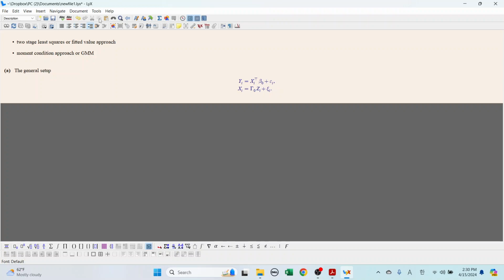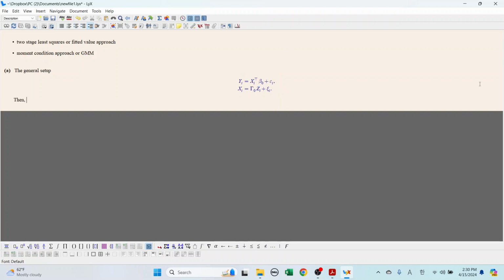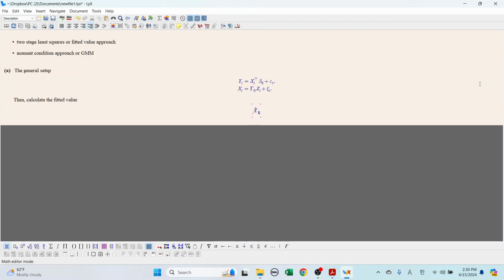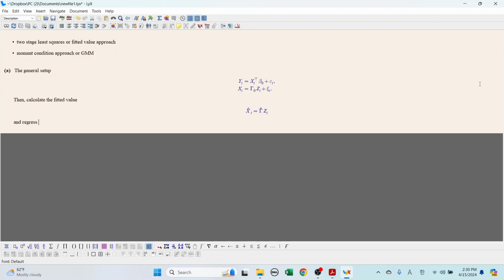Remember, in the first stage, the vector of endogenous variables is regressed on the instruments, and then we calculate the fitted value, say hat gamma times z_i. This is the fitted value, and we regress y on the fitted value. This is the fitted value approach.